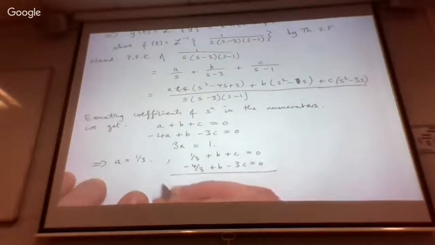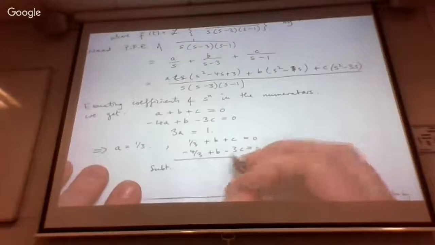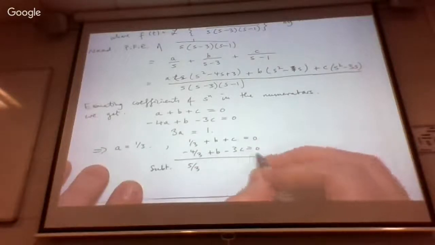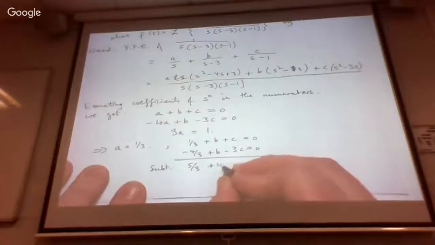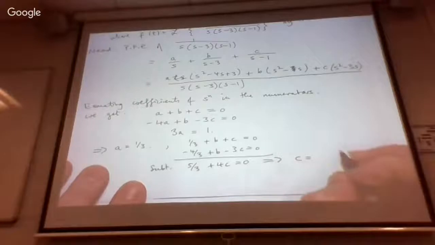So the easiest thing to do would be to subtract those. 1 third minus 4 thirds gives 5 thirds. B's cancel, and the c minus 3 gives 4c. So c is, am I right? Minus 5 over 12.